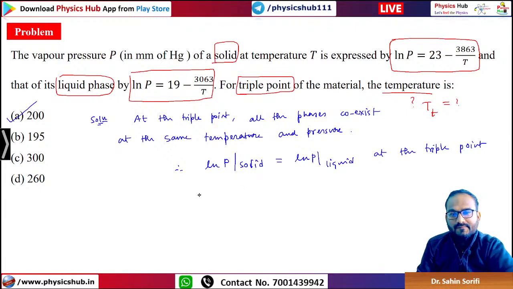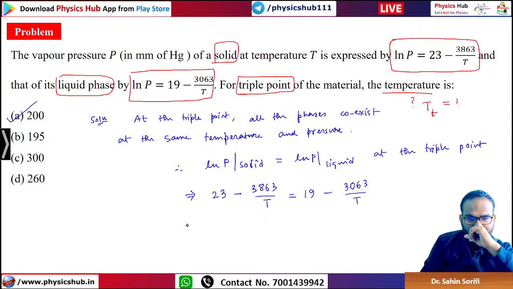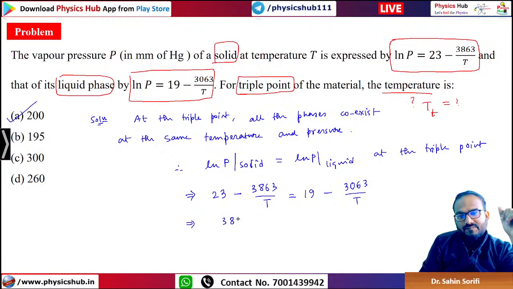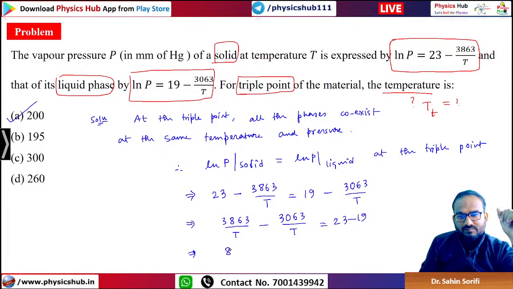Let's see. 23 minus 3863 by T equals 19 minus 3063 by T. So 3863 by T minus 3063 by T equals 23 minus 19. We can see this is 800, and this is 4. 800 by 4 gives 200 Kelvin.